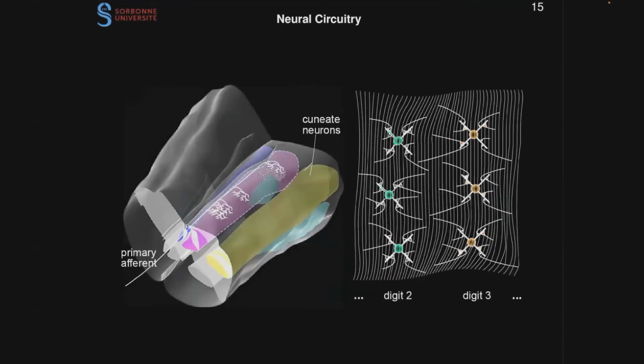It's made like that, essentially. Primary afferents enter from the bottom, and then they project into this, essentially in a human that would be 1 million output cells.